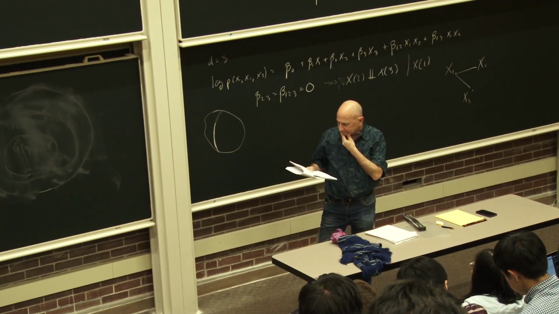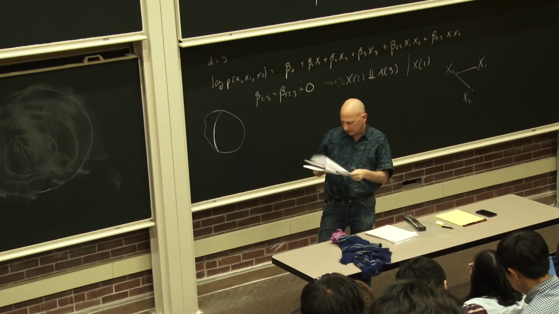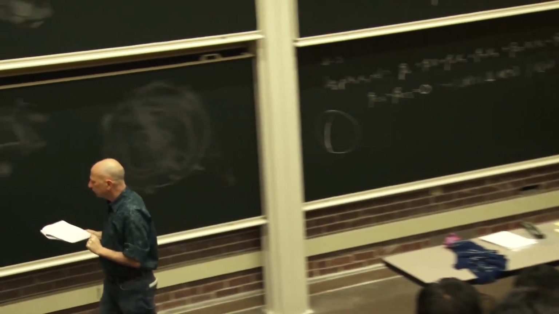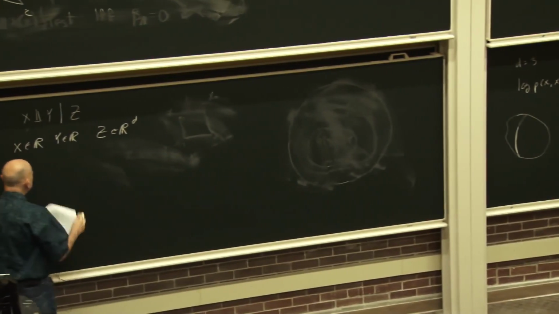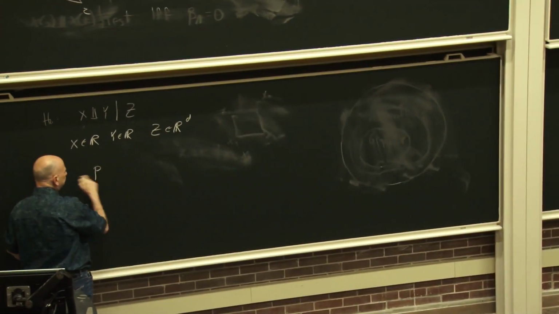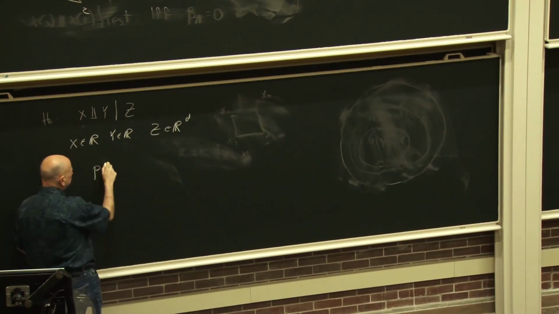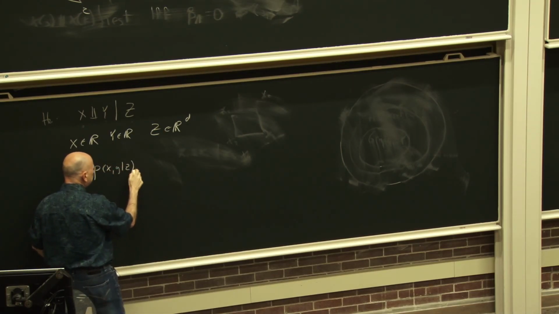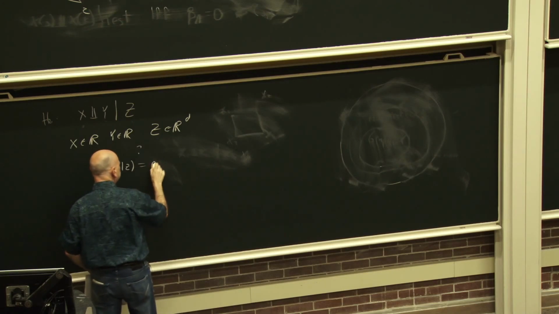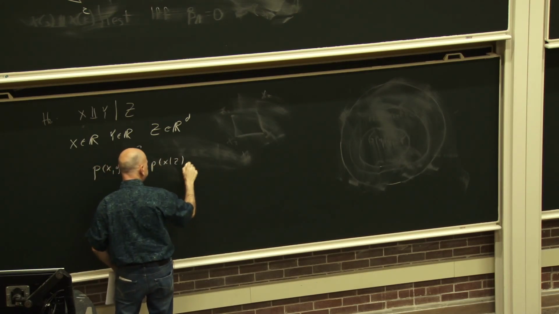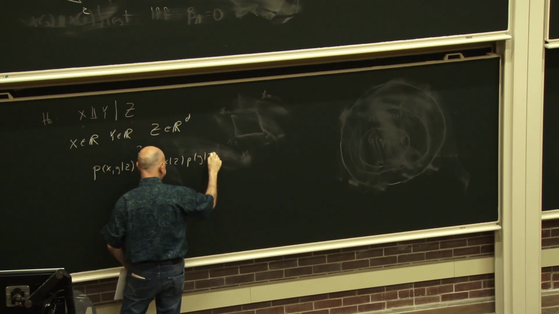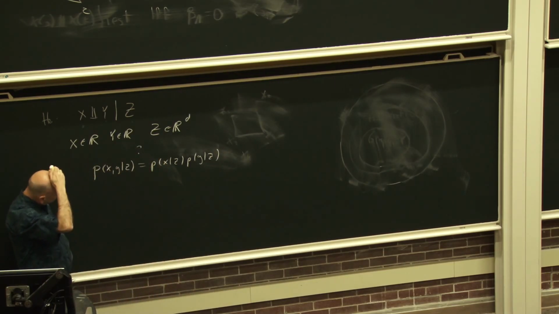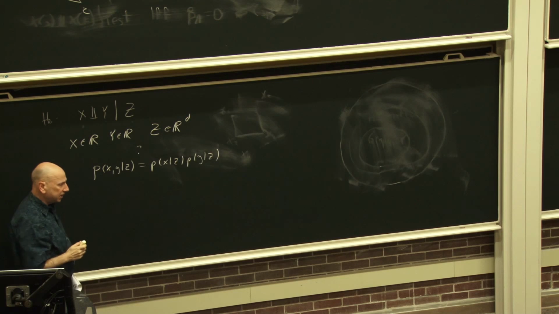Actually, let me mention what I should have mentioned first. Perhaps the obvious thing to do, though this isn't in the notes, is to look at what we're really asking: is p(x, y | z) equal to p(x | z) p(y | z)? So maybe one thing we could do is density estimation.